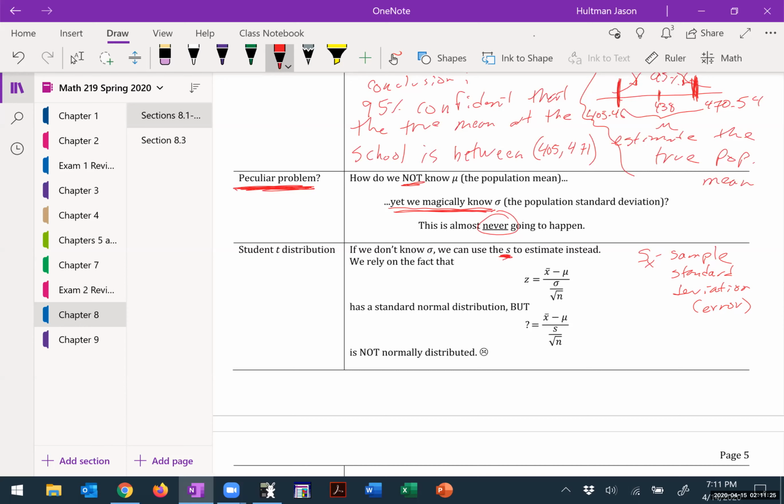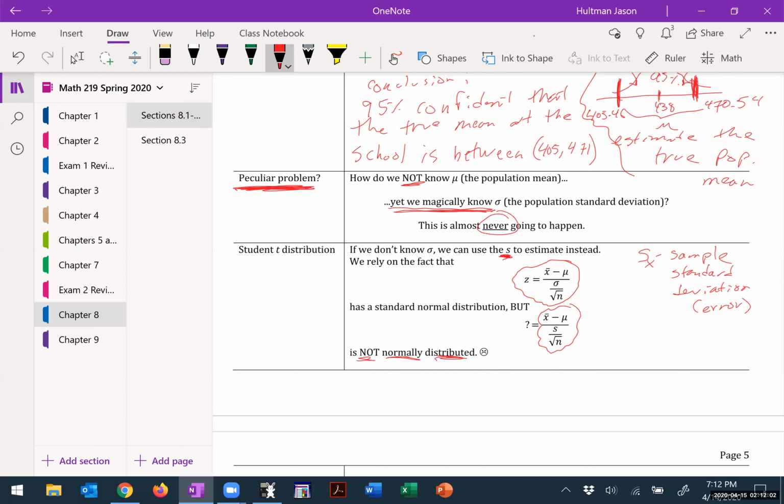We rely on the fact that Z is equal to X bar minus mu over sigma over the square root of n, which has a standard normal distribution. But if we just rely on the statistics instead of the parameters, it is not normally distributed.